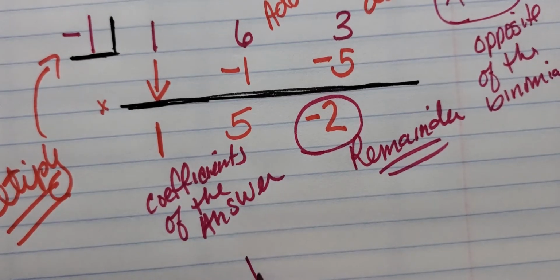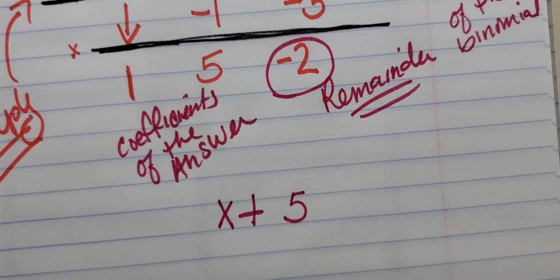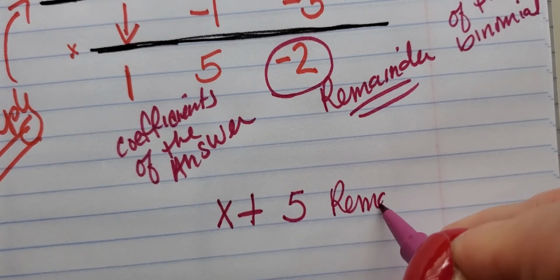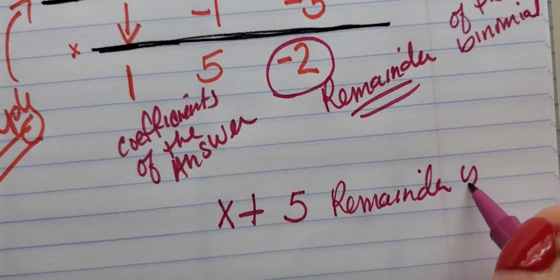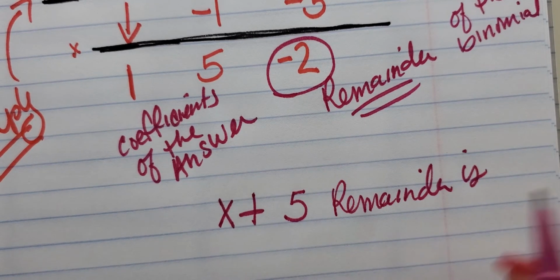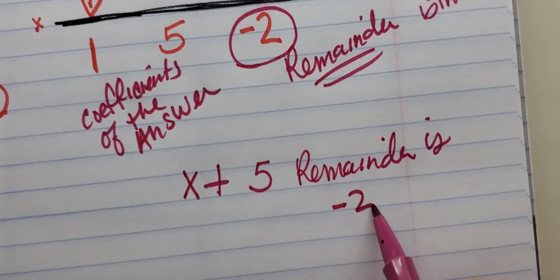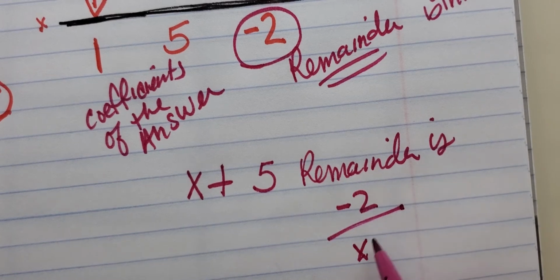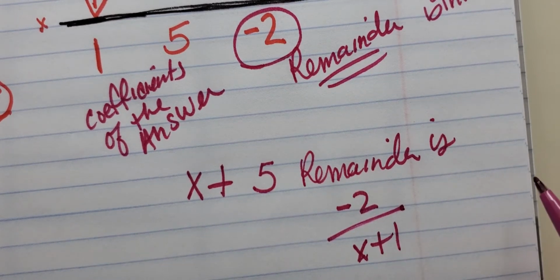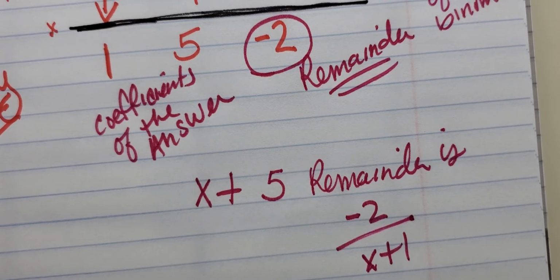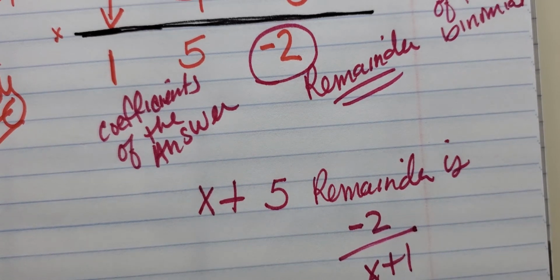We get x plus 5, and our remainder is -2 over what we divided by, which was x plus 1. Okay, if you've never seen this before, just take a second, think about it.